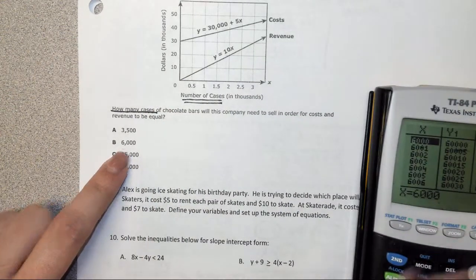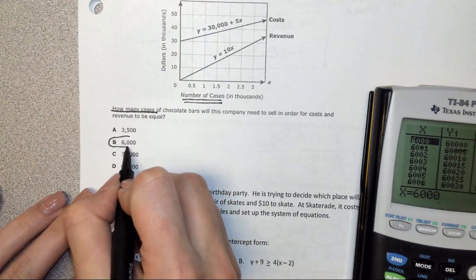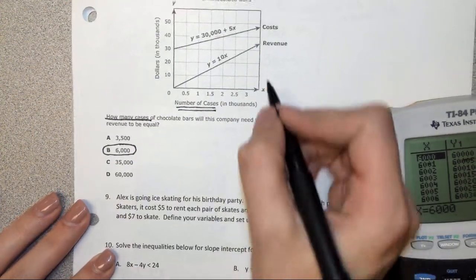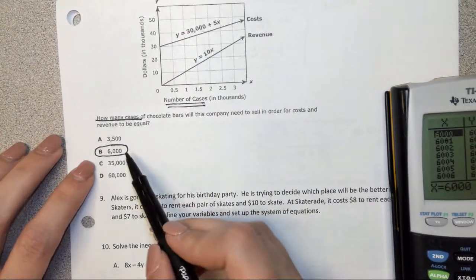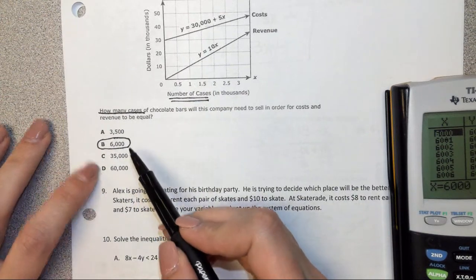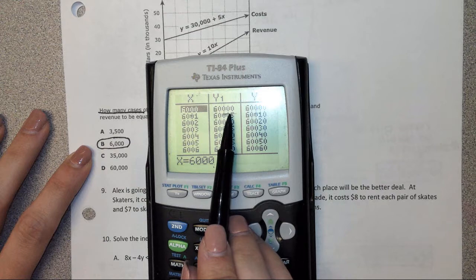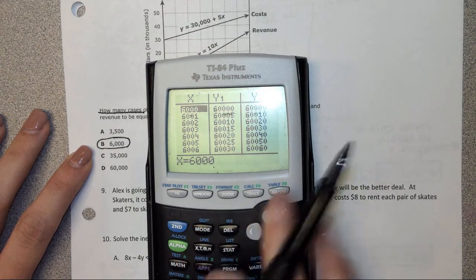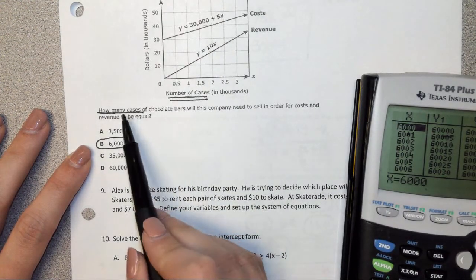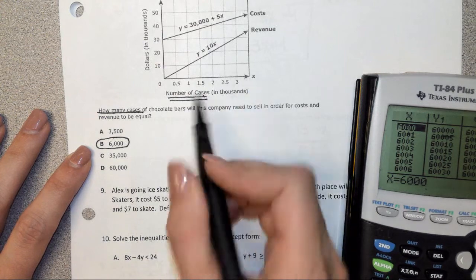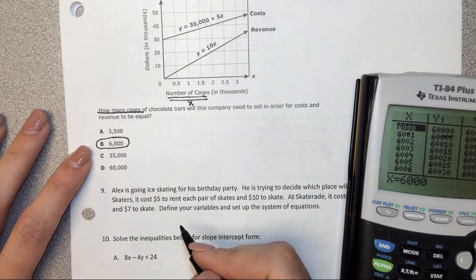Y1 and Y2 are the same, so this is the solution. Now, you may have picked the 60,000 instead of 6,000 because you see 60,000 right here. So it's important to match up your variables. Cases, cases. We're talking about the x value.